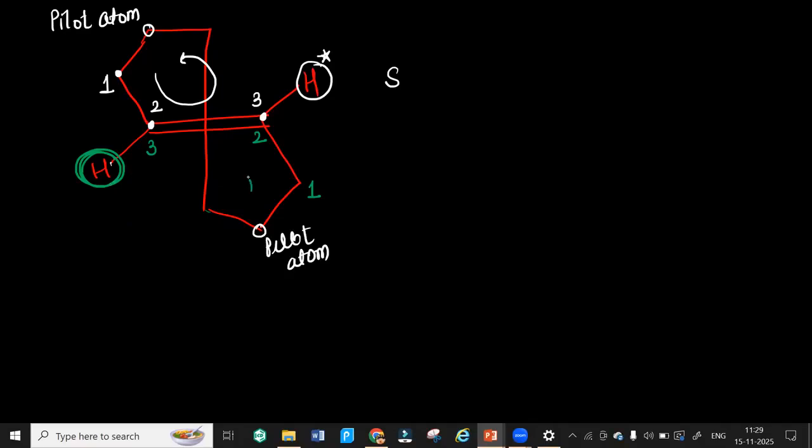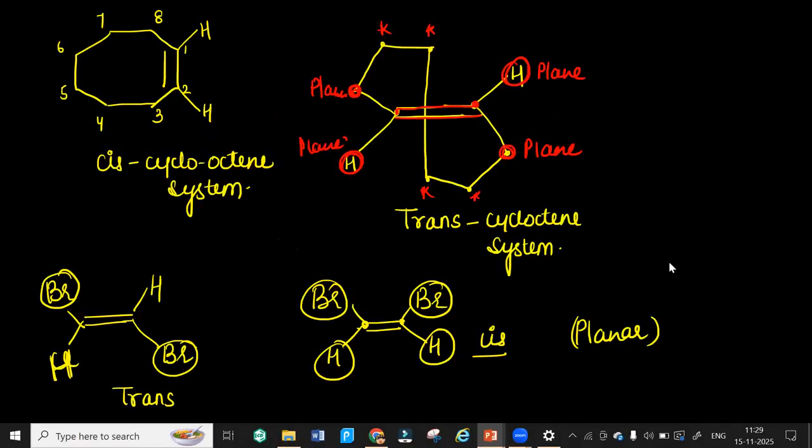The arrow is again going anticlockwise, so this is the S configuration again. So this is the system where we have to find R and S configuration, and we just have to see the pilot atoms and reach up to the substituent attached. So this is the way.